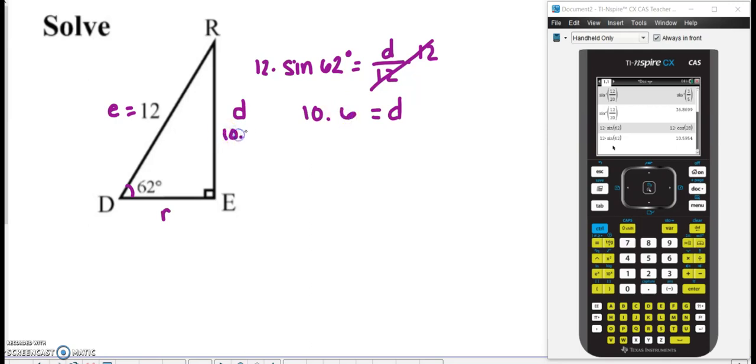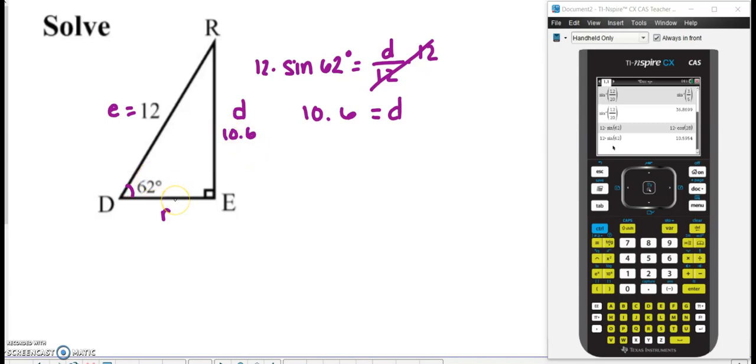So this side is 10.6. And now we can find the value of R here. And we can find the value of R by doing adjacent over hypotenuse. That would be probably the most accurate way, since we're not going to use an estimated version if we were to do something like tangent.